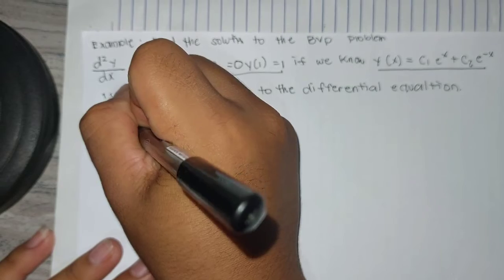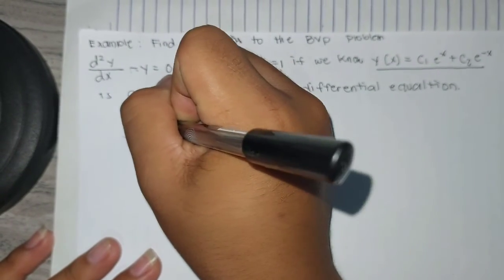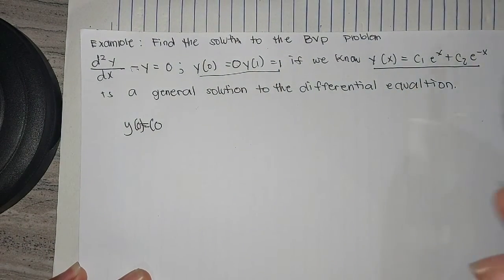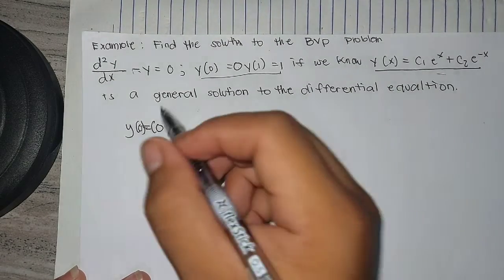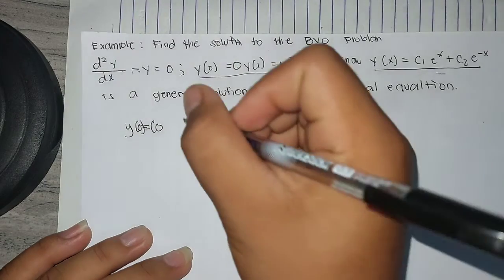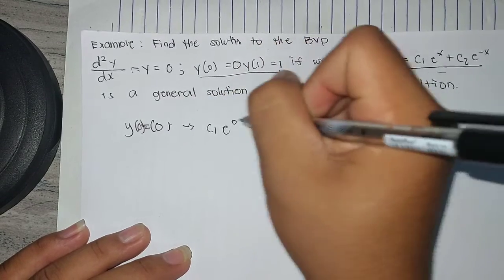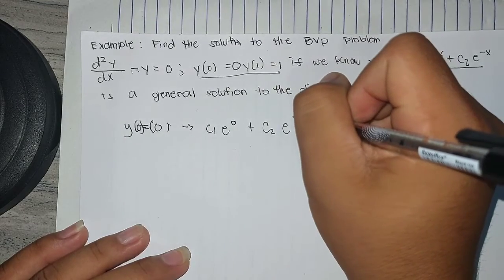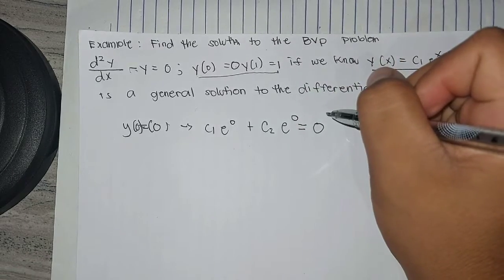So we have y of 0 equals 0. If we substitute 0 for x, the function must be 0. So c sub 1 times e to 0 plus c sub 2 times e to 0 must be equal to 0.